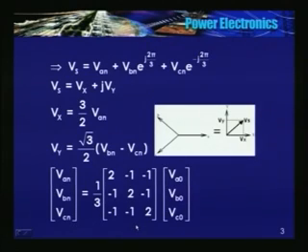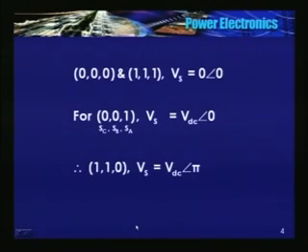In the last class, I did derive the value of the space vector for the 0, 0, 1 vector. What is 0, 0, 1?